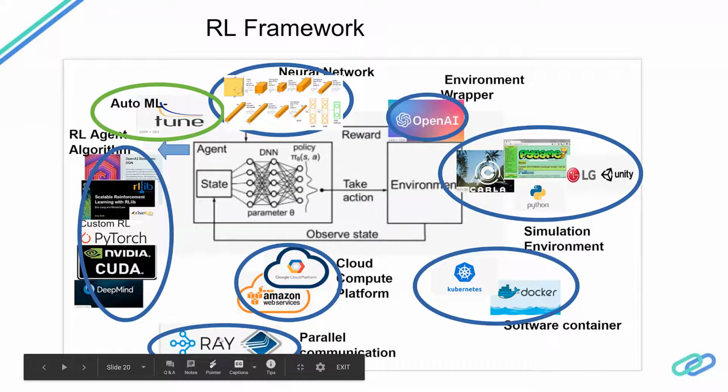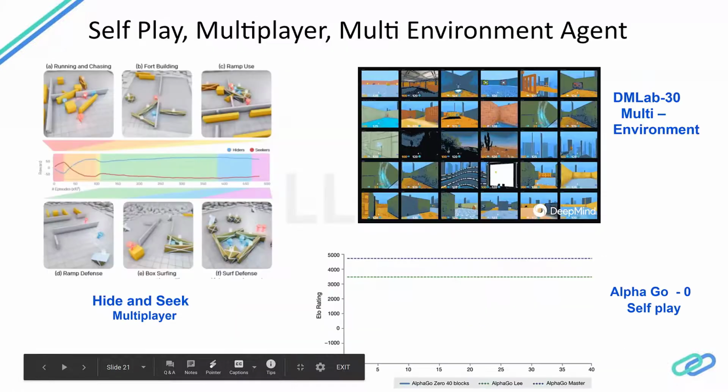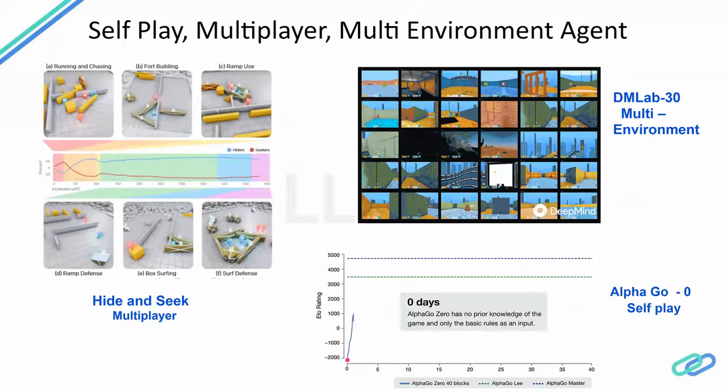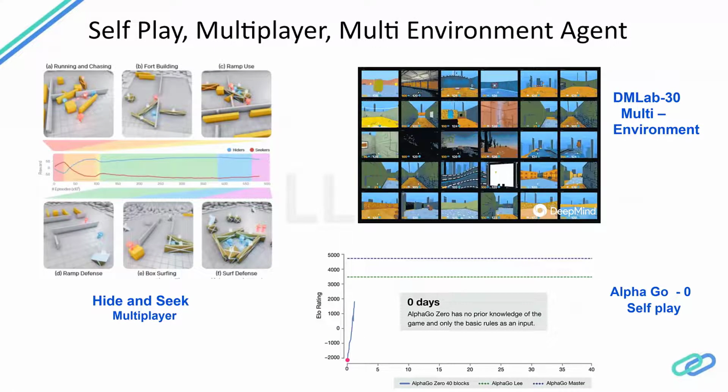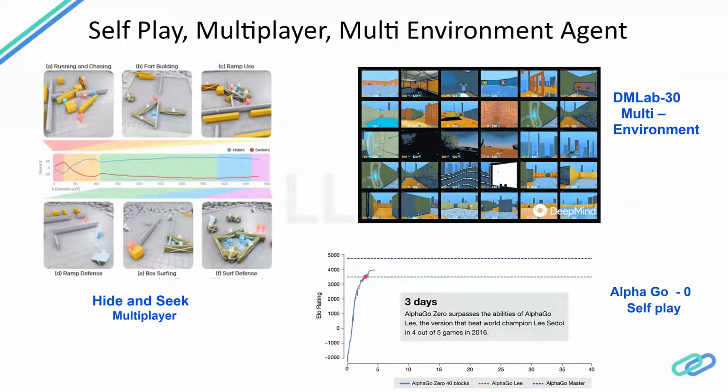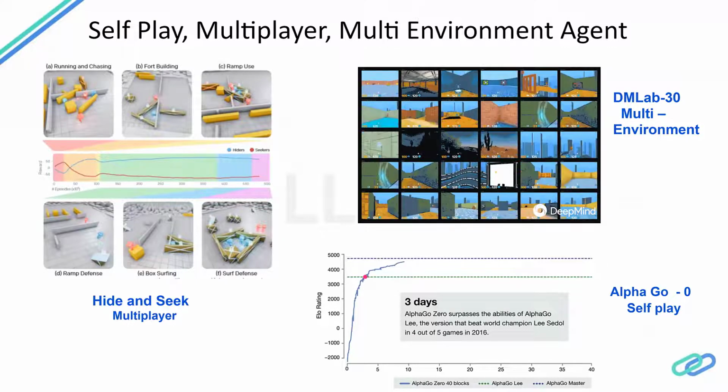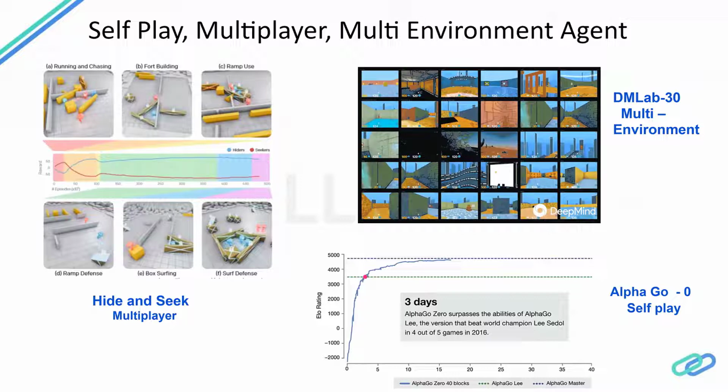That's what I mentioned here. So there are a lot of pieces of the puzzle. I try not to go into too much detail, but reinforcement learning is a very broad topic, so we cannot cover everything here.